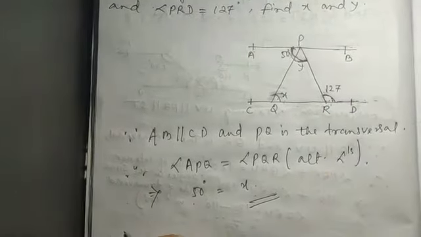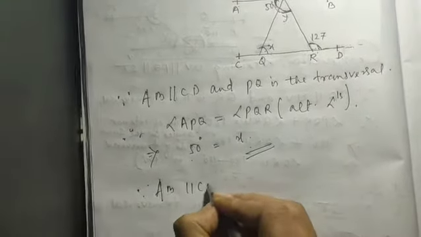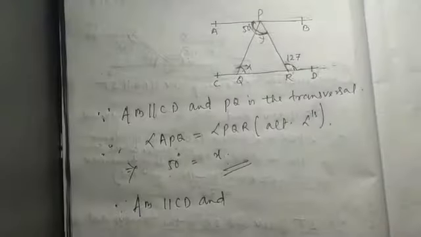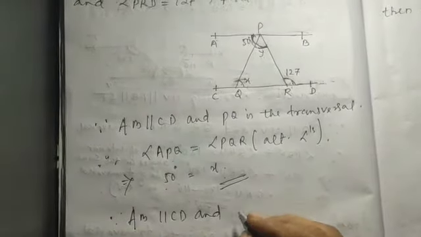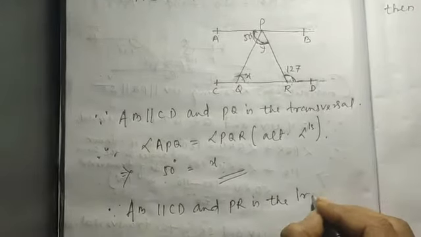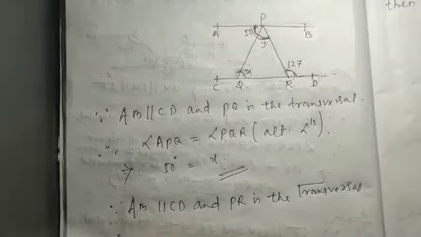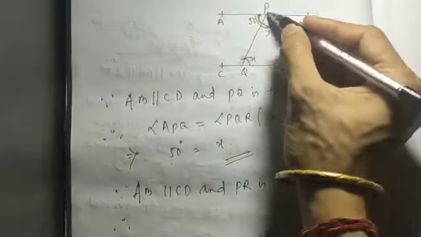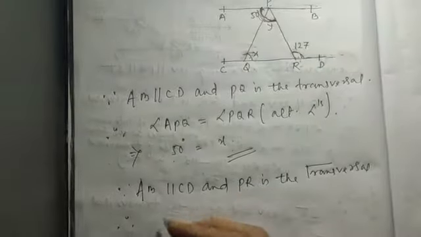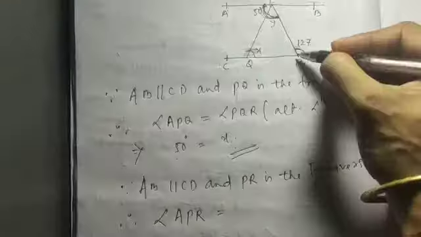Done. So since AB is parallel to CD and this time PR is the transversal, therefore angle APR, this complete angle, is equal to angle PRD.